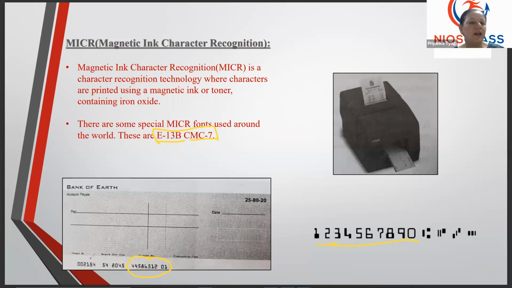That ink contains iron oxide, and the machine has the capability to sense this chemical. If iron oxide is included in that character ink, that is one of the sureties that the check is original. Right? Yes, ma'am.